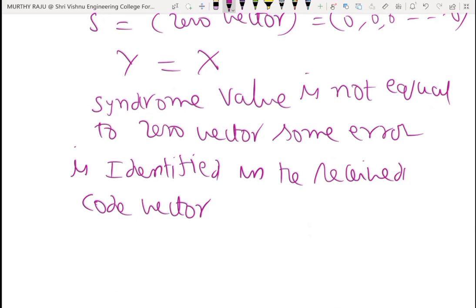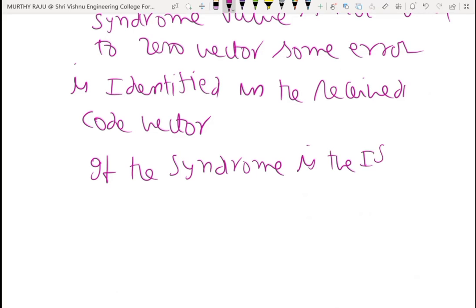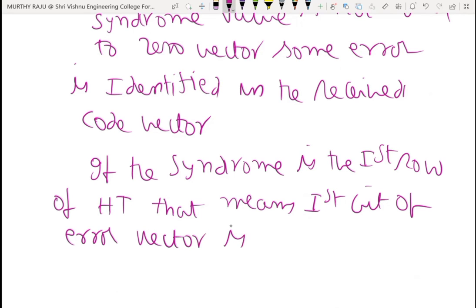If the syndrome is the first row of H transpose, that means the first bit of the error vector is 1.